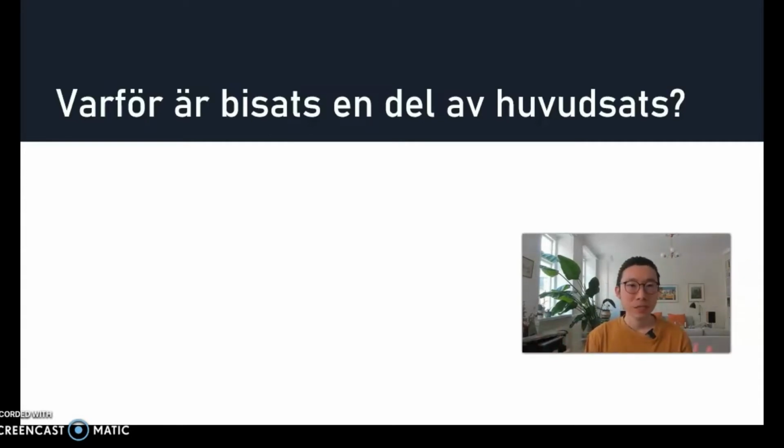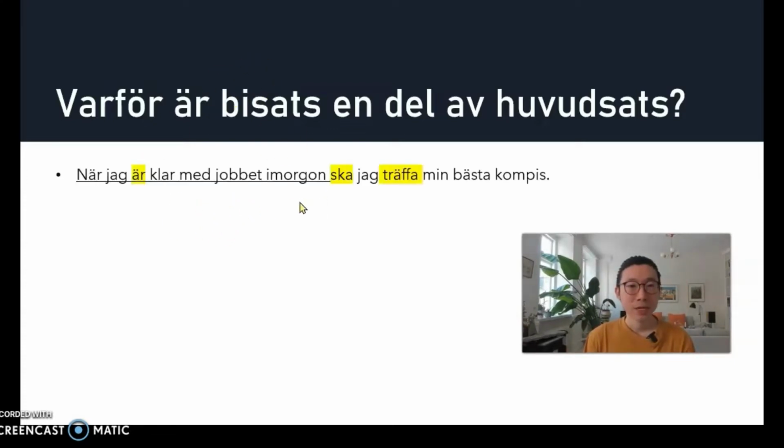Let's see two examples and see if we can understand this. Så första exempel. När jag är klar med jobbet imorgon ska jag träffa min bästa kompis. Så när jag är klar med jobbet imorgon, when I'm finished with my job tomorrow, det är en bisats. It's a subordinate clause.